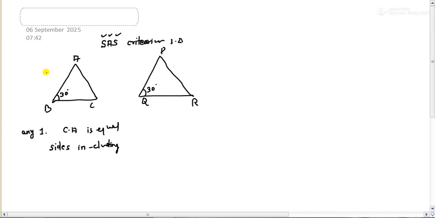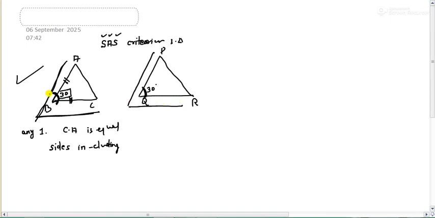Which sides include this 30 degree angle in the first one? AB and BC, correct? See, the corresponding angle, for example, B is equal to Q. This angle of 30 degrees is made by only these two sides, AB and BC, and here it is made by PQ and QR.